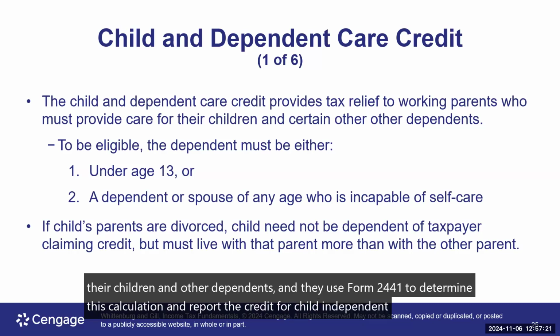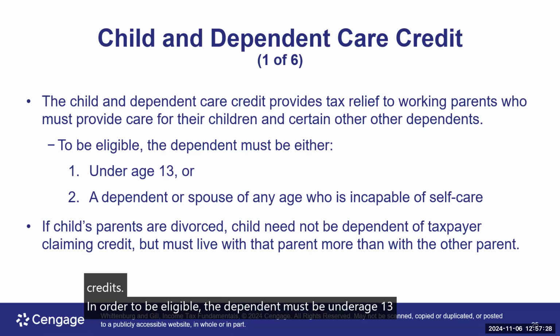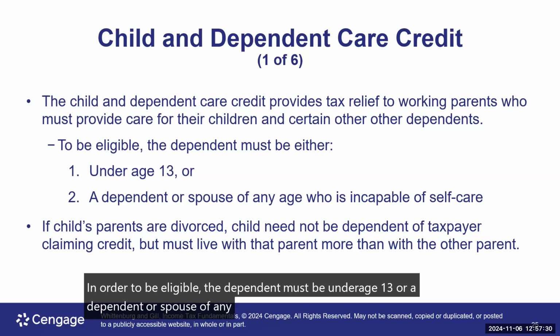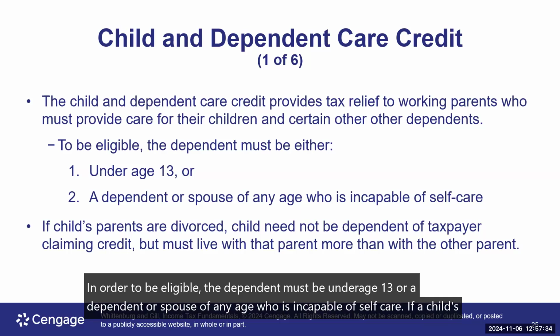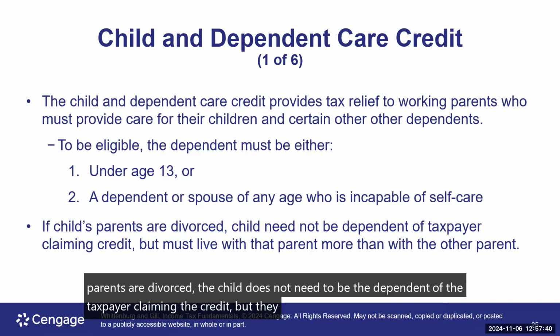In order to be eligible, the dependent must be under age 13, or a dependent or spouse of any age who is incapable of self-care. If a child's parents are divorced, the child does not need to be the dependent of the taxpayer claiming the credit, but they must live with that parent more than with the other parent.